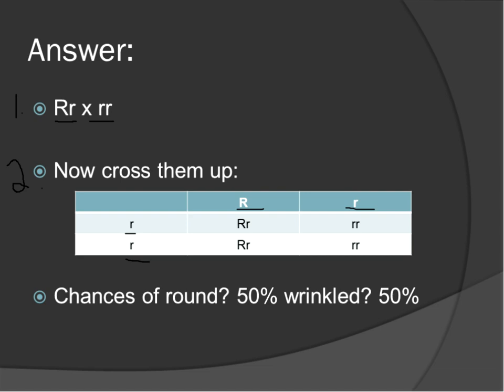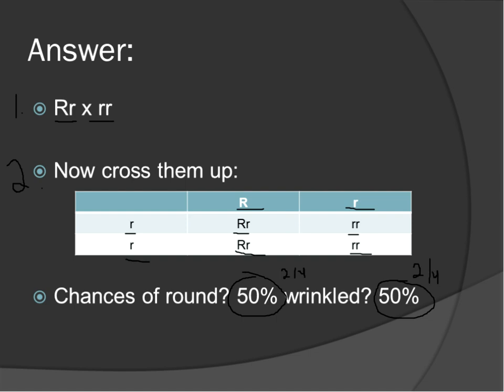It does not matter what parent you put on either side. But then you cross them up. And we get two big R, little r's and two little r's. So the chances of being round, that's 50%. 2 out of 4. Wrinkled, also 50%, because you got two little r's, or 2 out of 4.